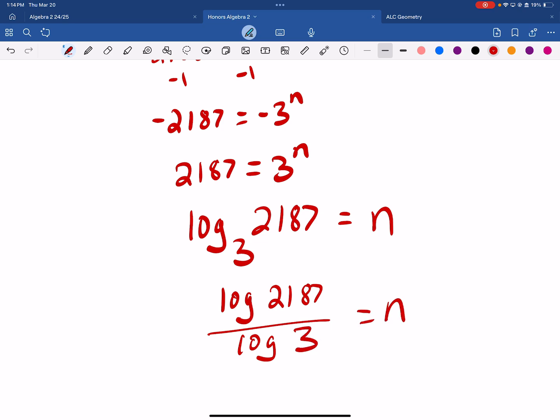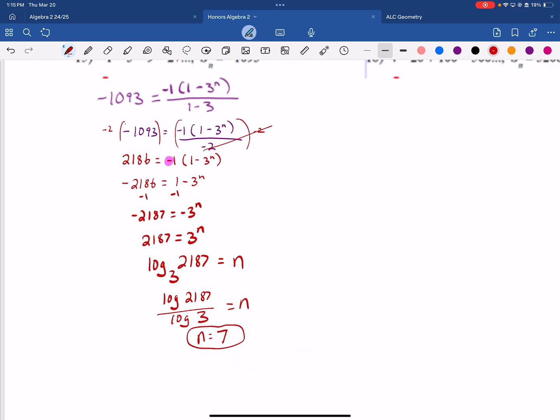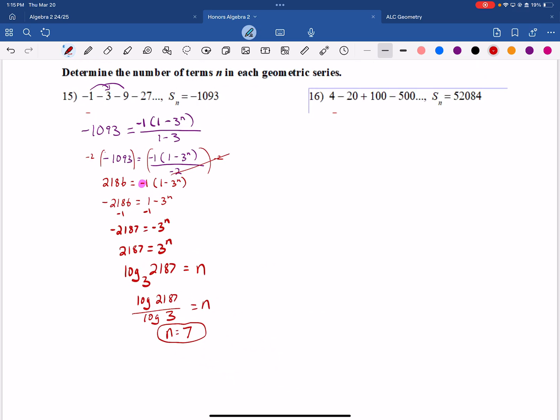That's going to give us our n value. I think you get 7. So our n value is 7. So that's the sum of the first 7 terms of that sequence.